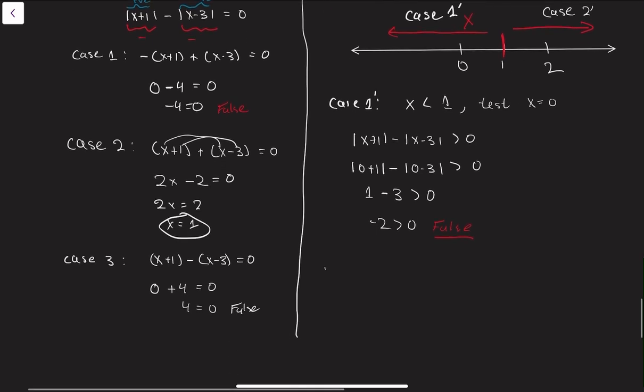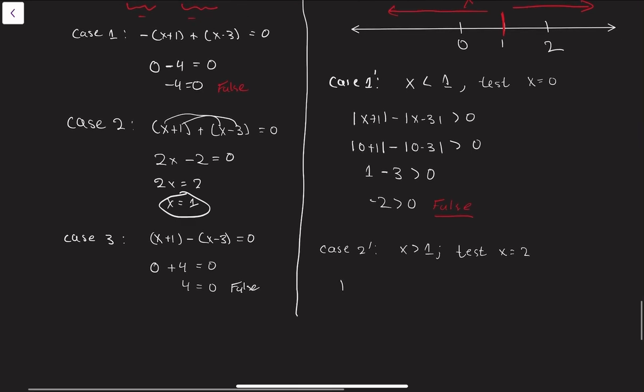Case 2 prime, when x is greater than 1, let's use the test point x is equal to 2. We'll go with the absolute value of 2 plus 1 minus the absolute value of 2 minus 3, and that has to be bigger than 0.